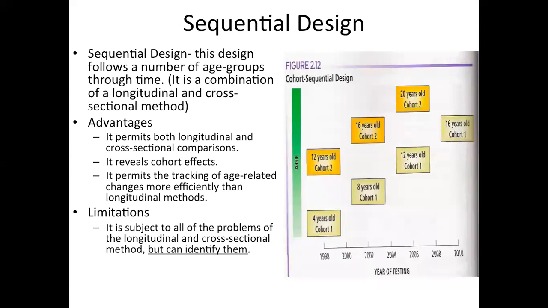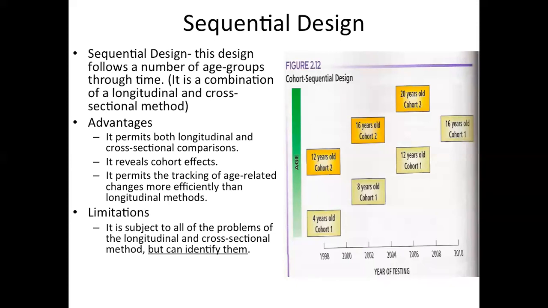It is a combination of a longitudinal and a cross-sectional design. And because it's a combination of the two, you get the best of both worlds. You're now tracking multiple groups through time. So you're collecting data on many groups at many points in time, if we're keeping the words, right? So what are the advantages?